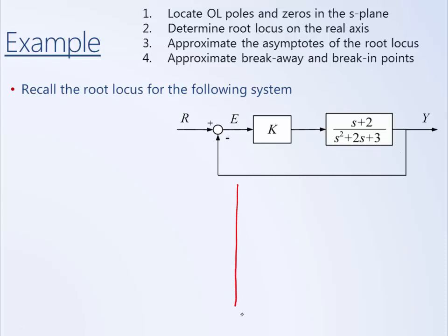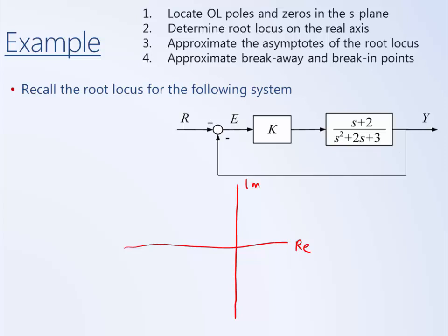We want to draw the root locus, which is a graph of all the possible closed loop pole locations, for values of k varied between 0 and infinity. And so the very first step is to locate the open loop poles and zeros in the S-plane.